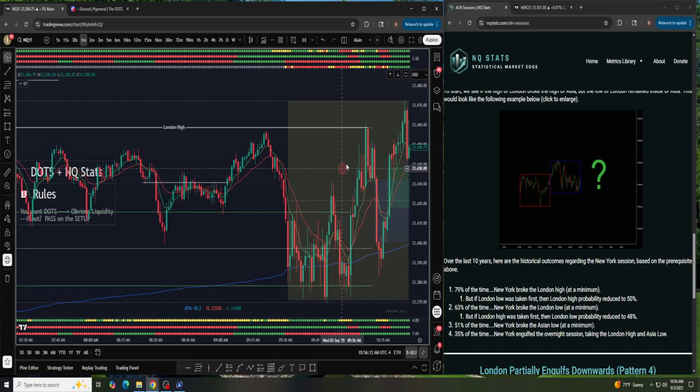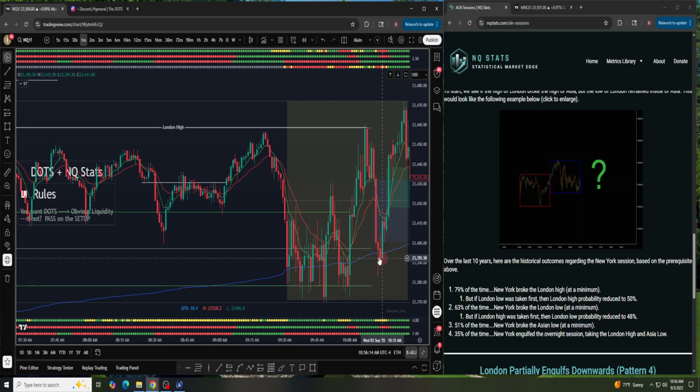Going forward in price, we get a retracement, displacement lower back to the VWAP. VWAP holds, and right here we get the next column of green dots. So a one dot entry function is there. You can target the previous high now that we have an established liquidity point. You have a fair value gap holding to a high.